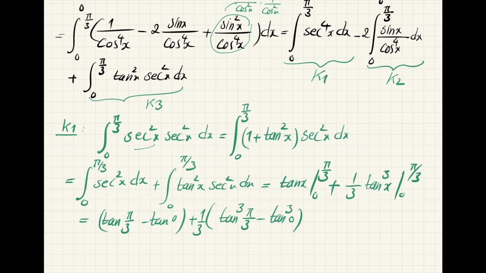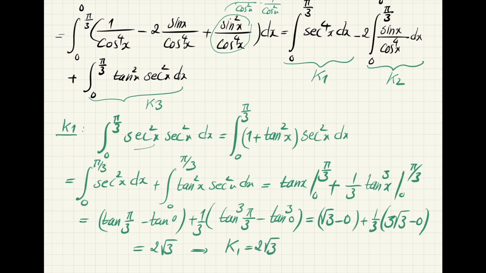But tangent pi over 3 is the square root of 3, minus 0, plus 1/3 times 3 square root of 3, minus 0. So then this becomes simply 2 square root of 3. So this means that k1 is 2 square root of 3.